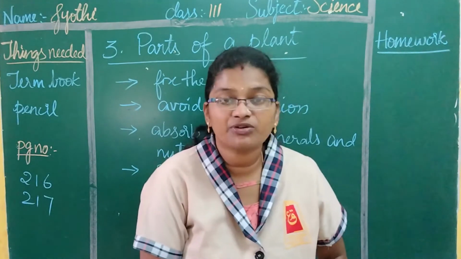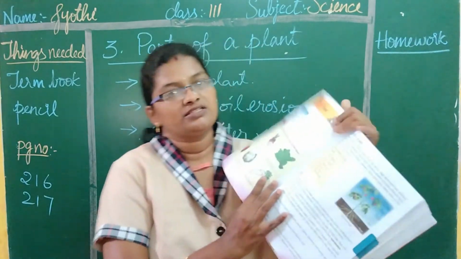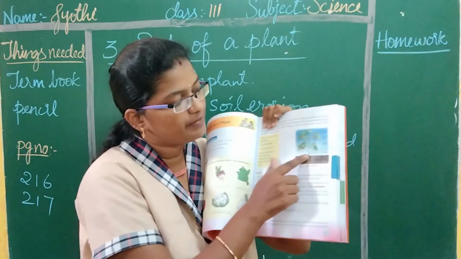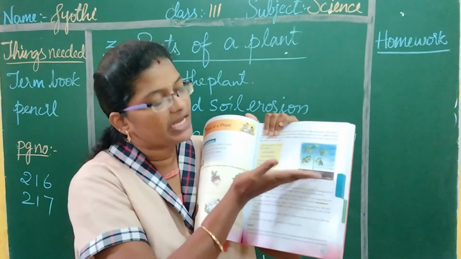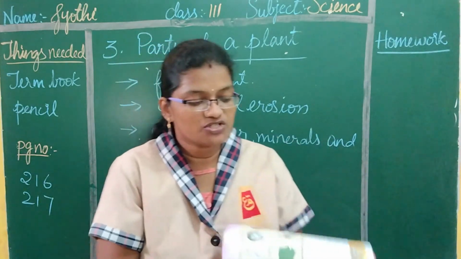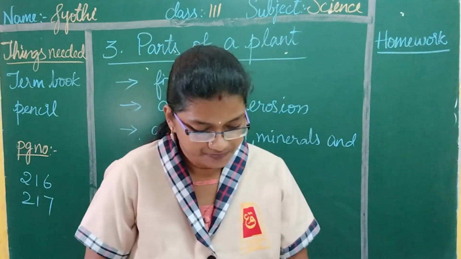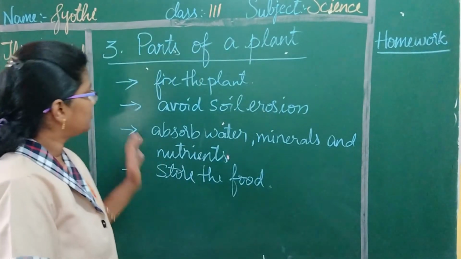So that is for today. Here you can see, again I am telling you, this is the plant. The part which remains below the ground is the root system and the part which is above the ground is called the shoot system. About roots we have learned 4 uses.